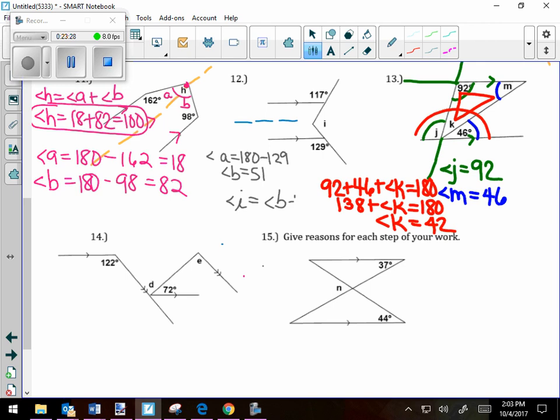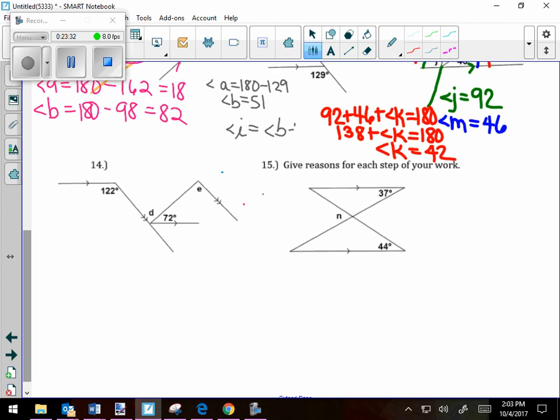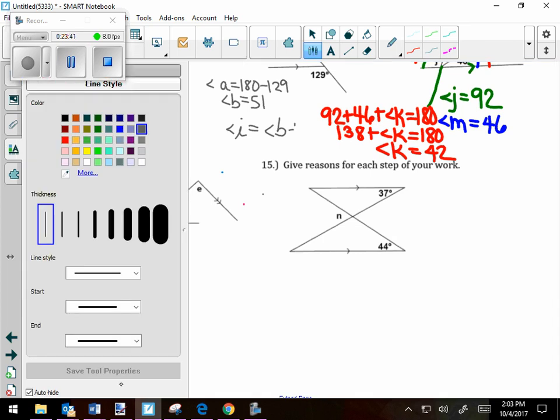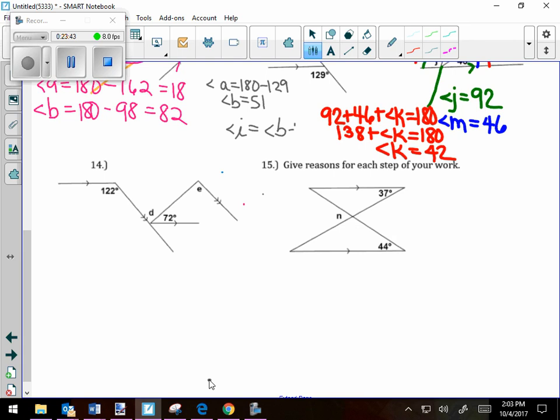In question 14, 14 has two sets of parallel lines. It's a little bit difficult to see, but with the two sets of parallel lines, you might even want to draw these in. If you take a look, we have this line parallel to this line, which means I might want to keep this going.